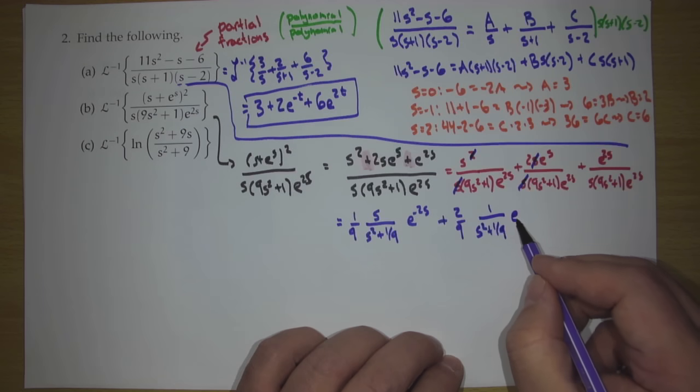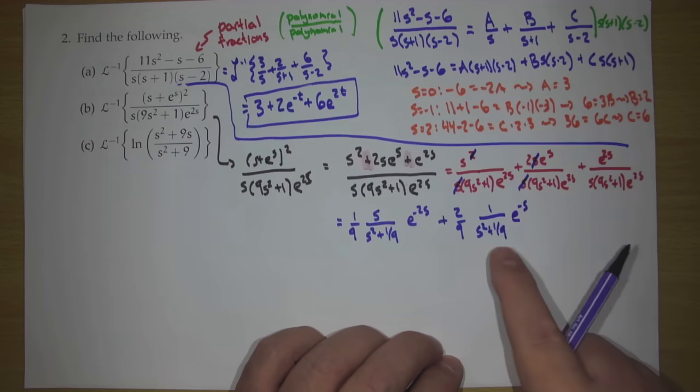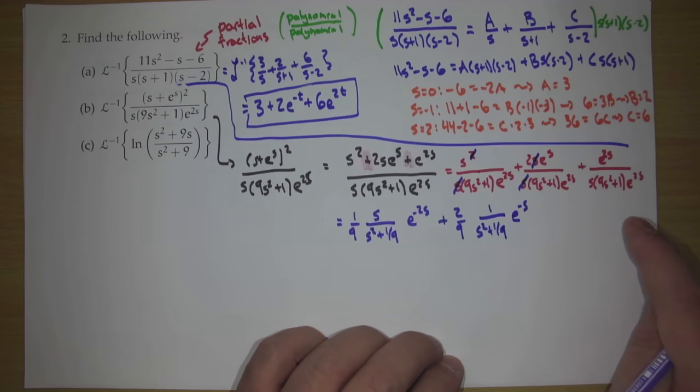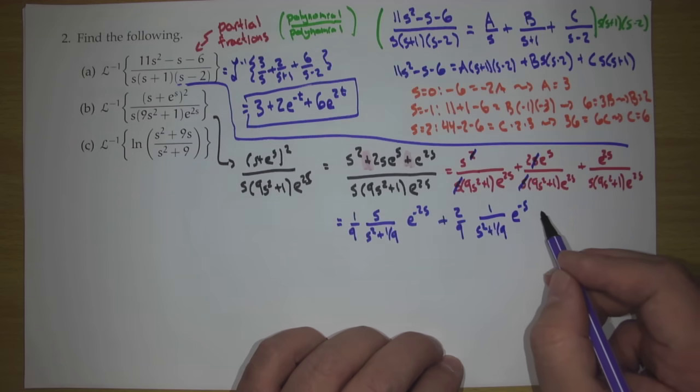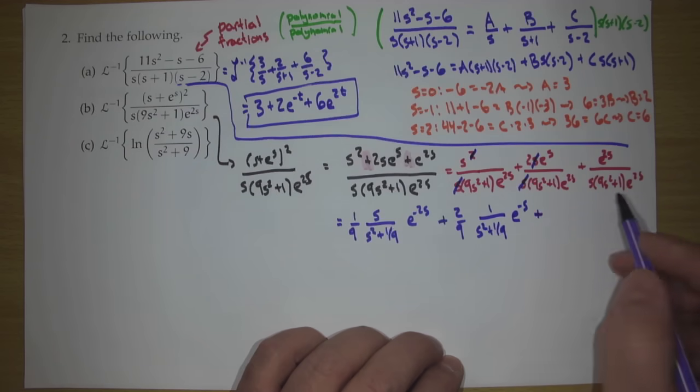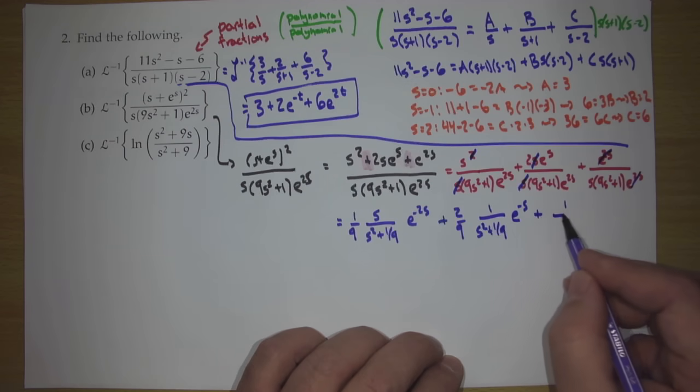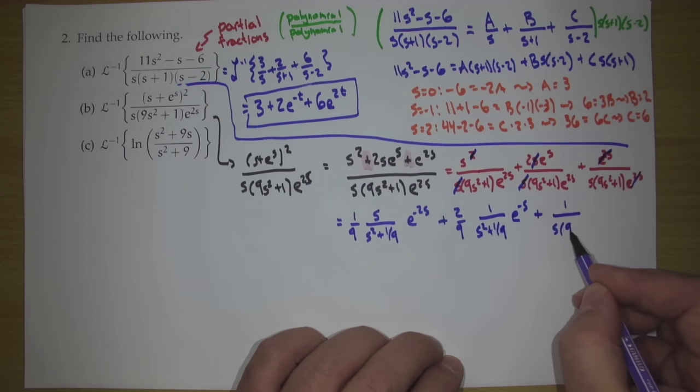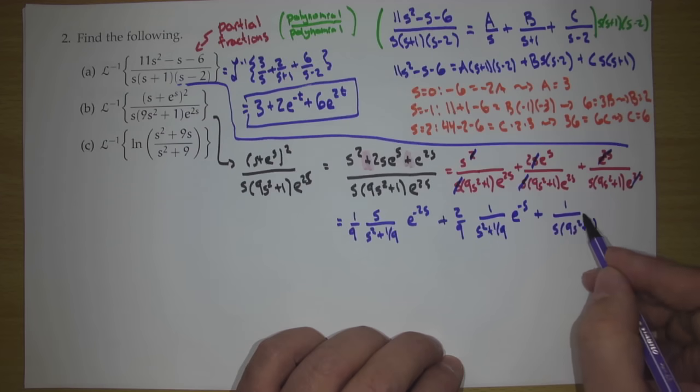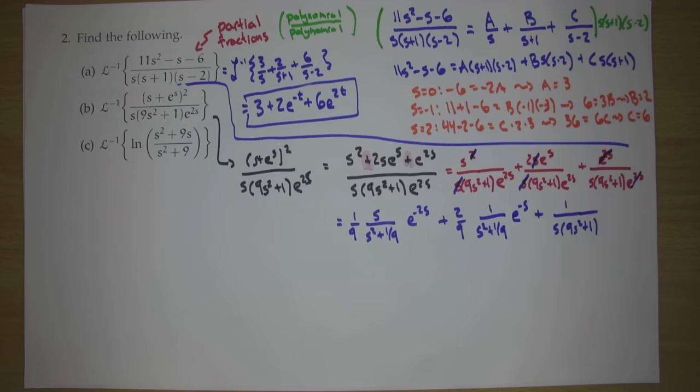And then we'll have e to the minus s. We'll come back and revisit this. This last one, anything simplify? The e to the 2s's cancel. So, okay, that's great. So we're left with a 1 over s times 9s squared plus 1. We'll work on that in a second.